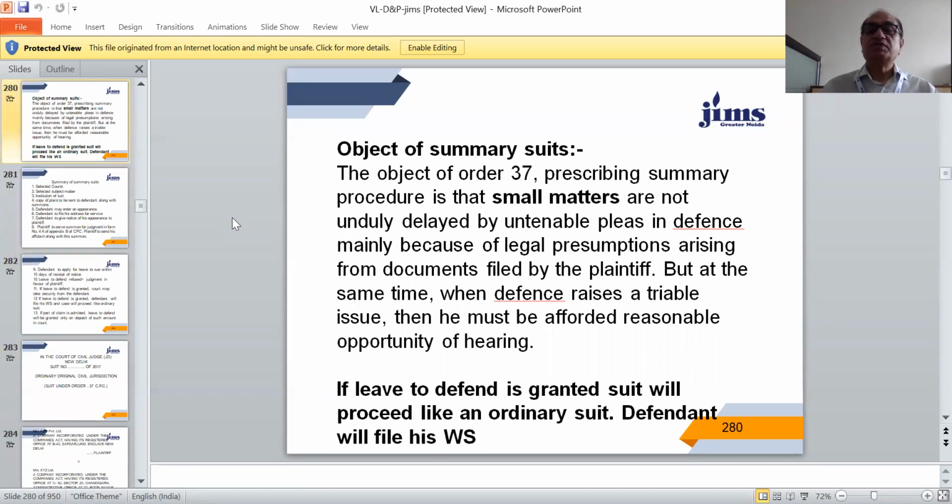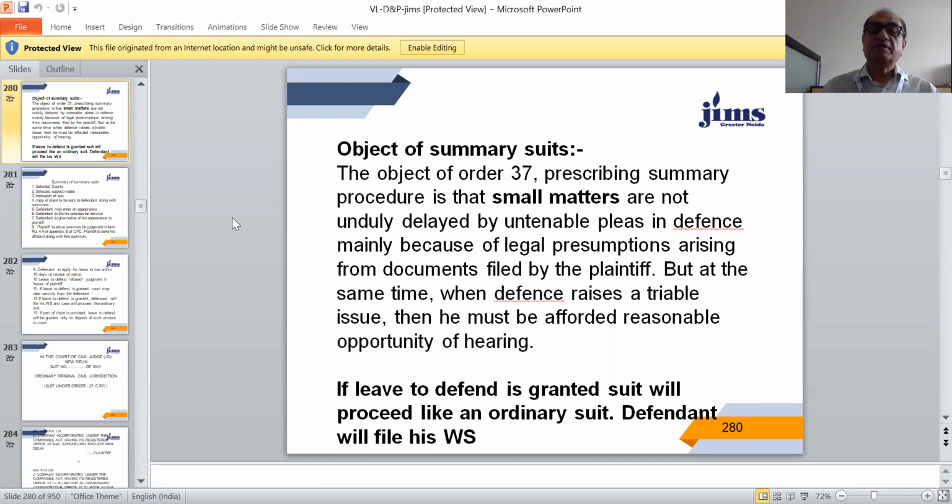The object of summary suits, my dear students, is prescribed in Order 37 itself, and the main object of Order 37, prescribing summary procedure, is that small matters are not unduly delayed by untenable pleas in defense, mainly because of legal presumptions arising from documents filed by the plaintiff.